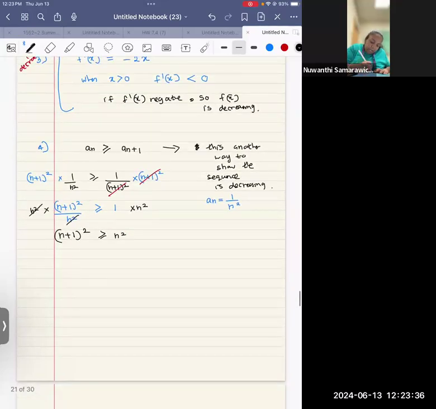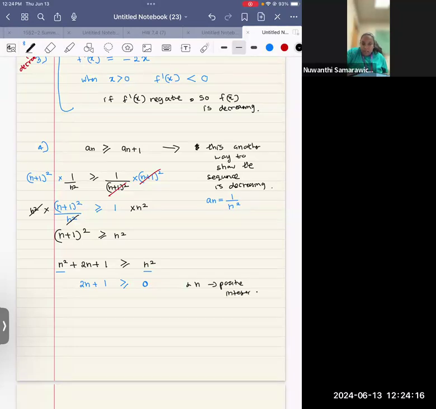By FOIL, the left-hand side is n squared plus 2n plus 1, greater than or equal to n squared. Since you have the same term, when you deduct n squared we get 2n plus 1 greater than or equal to 0. To be a sequence, n should always be a positive integer, right?